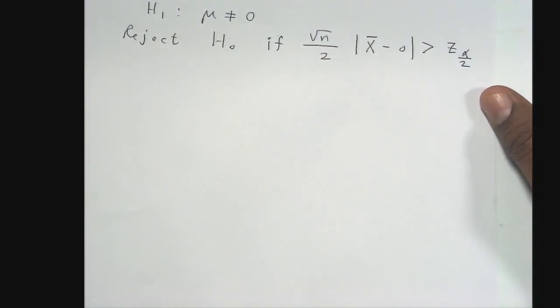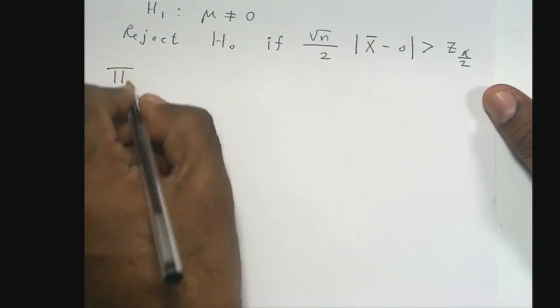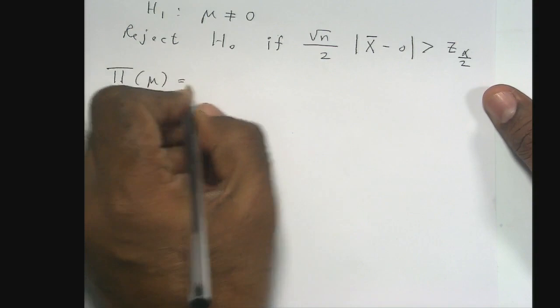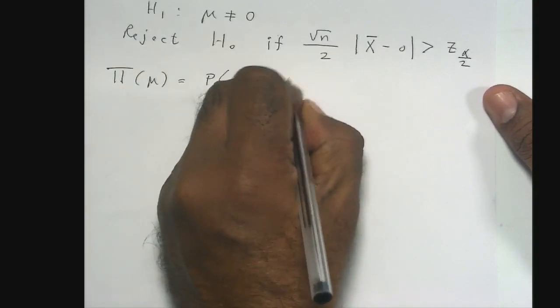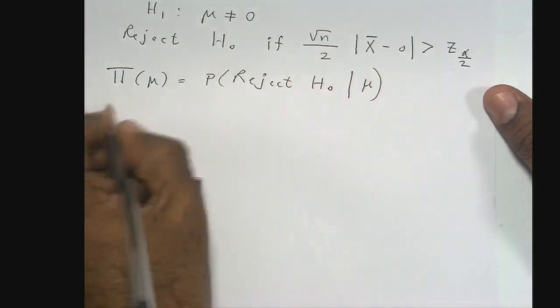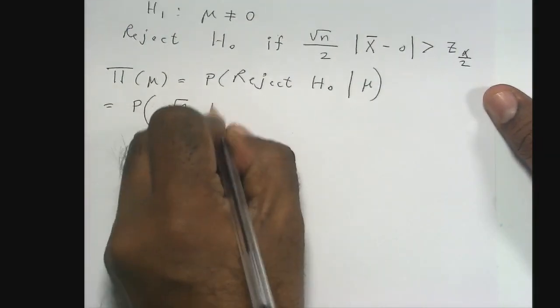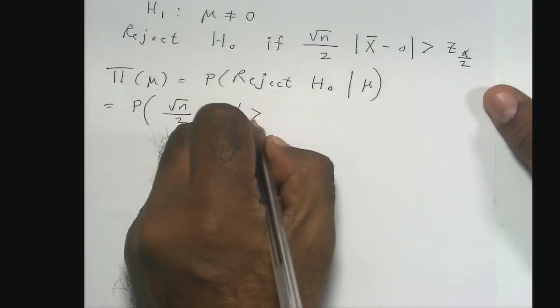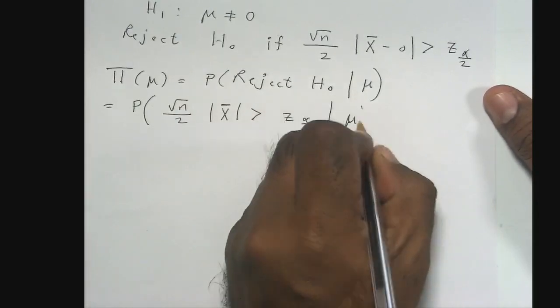Now the question in question 4 is to find the power function. So we want to find the power function at mu, which is the probability of rejecting H0 given the value for mu, which is the probability that root n by 2 times this is greater than z alpha by 2 given the value for mu.